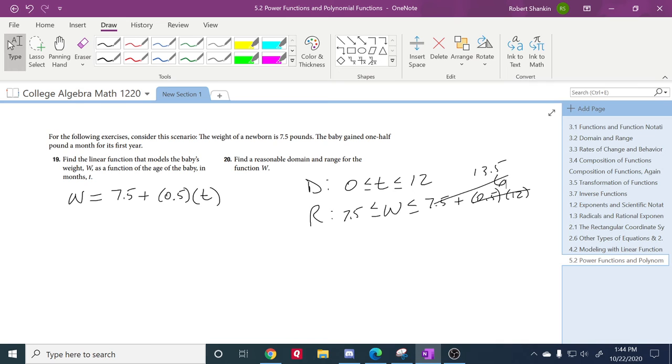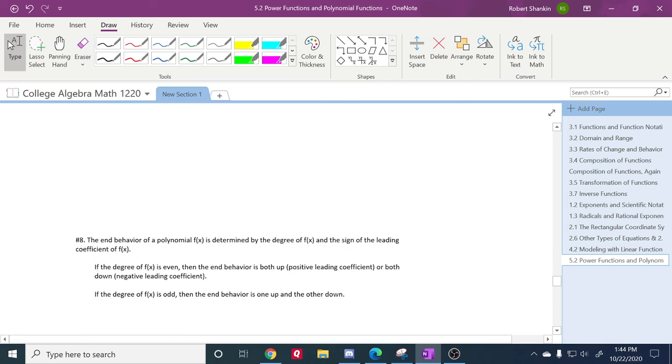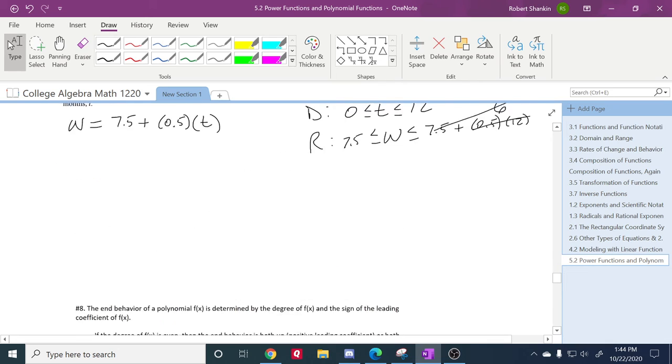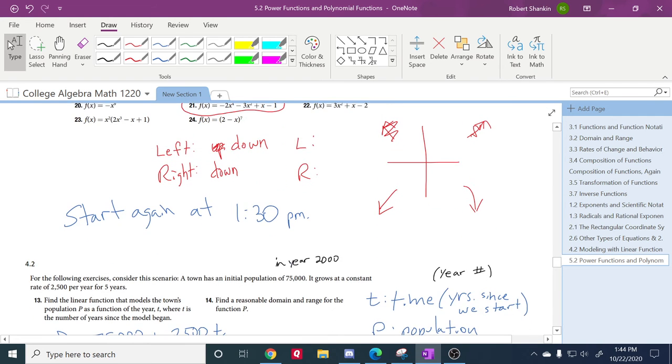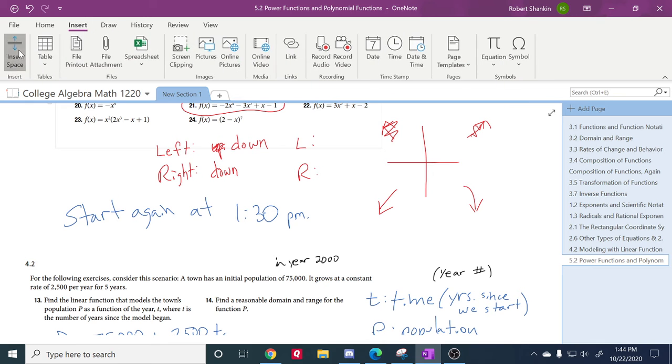You're welcome. Any other questions? All right, then let's keep going with the end behavior. Oh, we were going to do some more examples like this. So let me insert some more space.